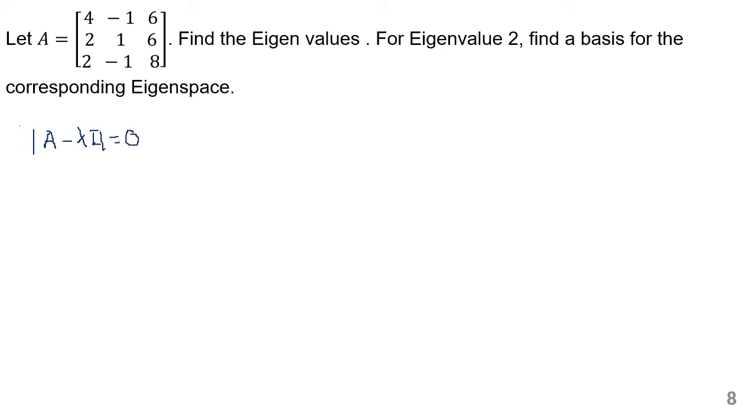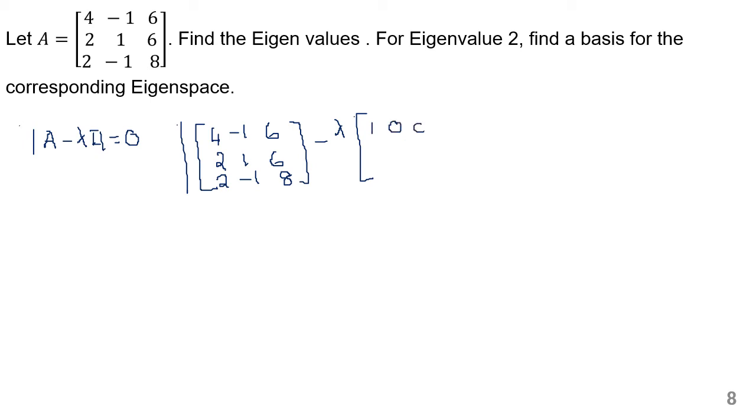So we have been given the matrix A. I can write this as the determinant of the matrix A, with rows (4, -1, 6), (2, 1, 6), (2, -1, 8), minus lambda into the identity matrix, since A is a 3 cross 3 matrix, so I have to choose the identity matrix as 3 cross 3.